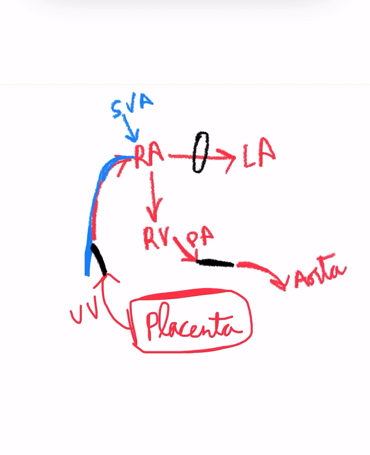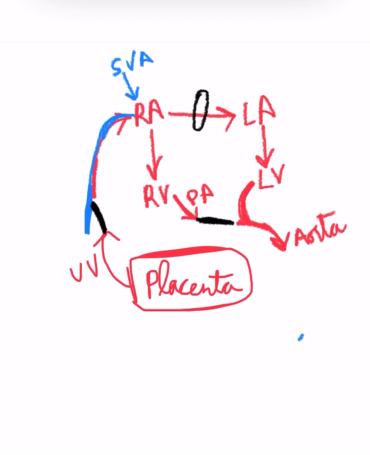Once the left atrium gets filled, during contraction, blood from the left atrium is pushed into the left ventricle with the help of the mitral valve. From the left ventricle, the main outflow tract is the arch of aorta, and from the aorta, the oxygenated blood reaches the entire part of the fetus.